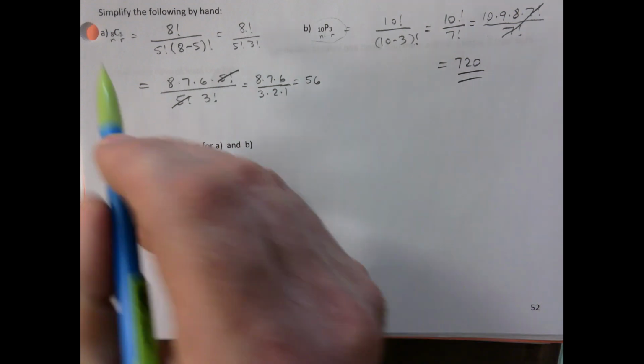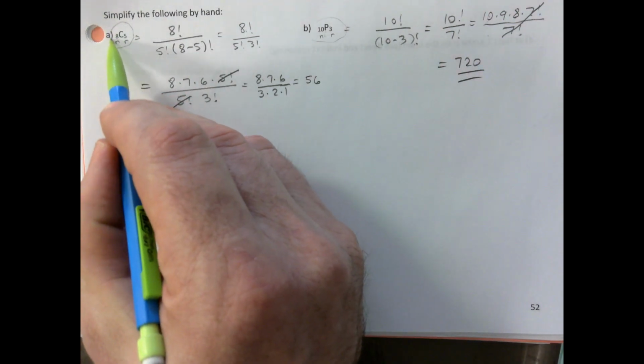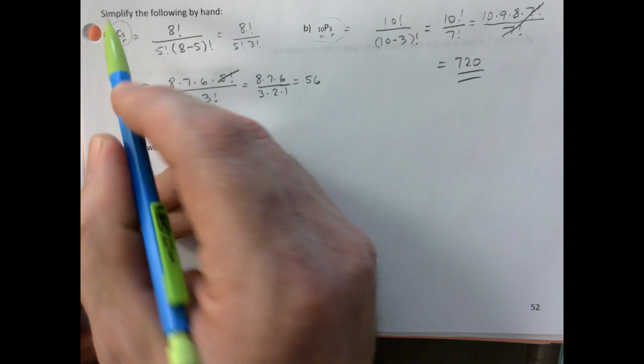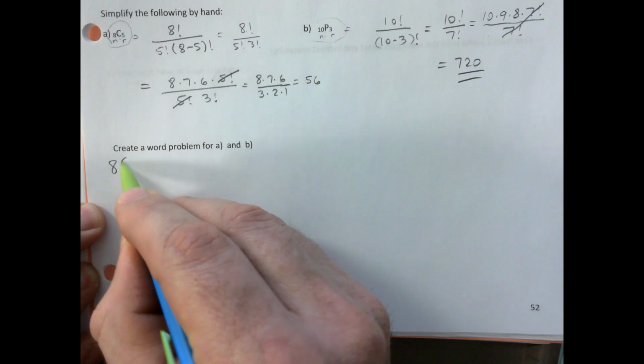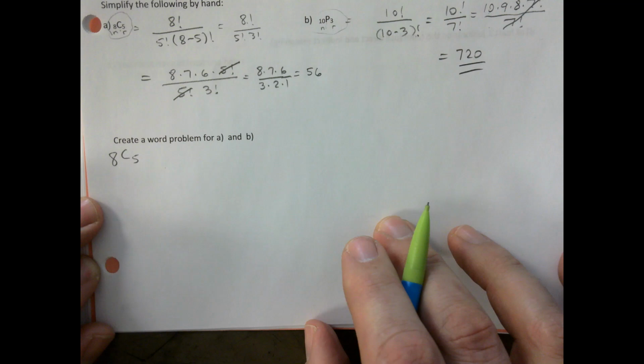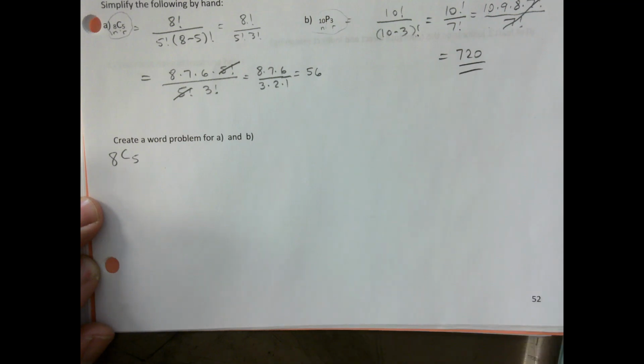Word problem. How could you make a word problem with this? I will model this for you, obviously. So let's say 8C5, and you're supposed to make a word problem of it. I would honestly just say make groups, make teams. Easiest one, okay?